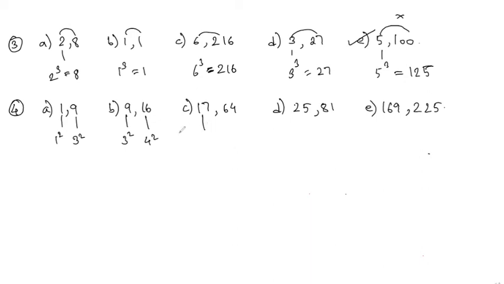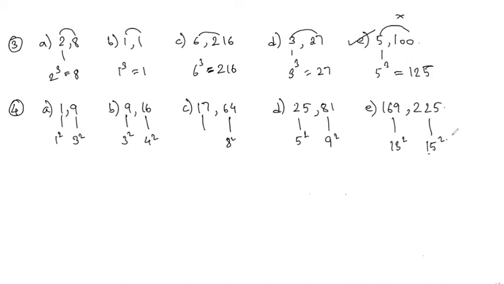No, ma'am, 17 is not even a perfect square. 64? 8 square. 25? 5 square. 81? 9 square. 169? 13 square. Yes, correct. 225? 15 square. Now you tell me which is the wrong pair.